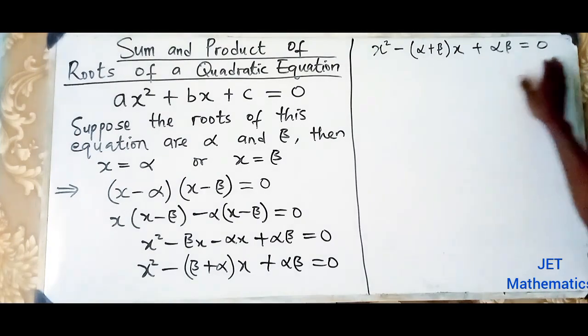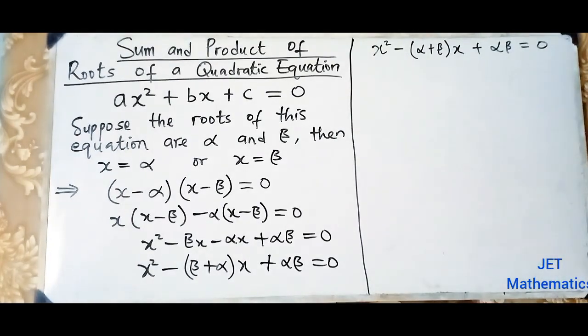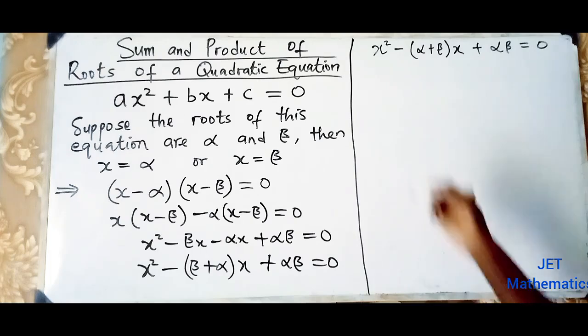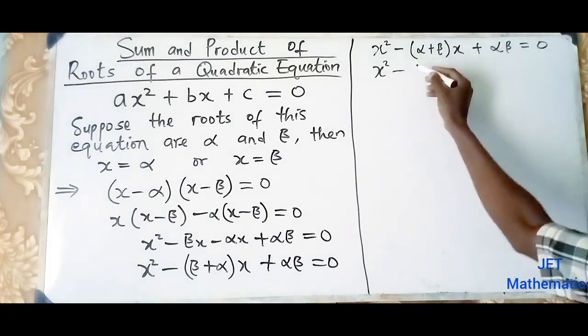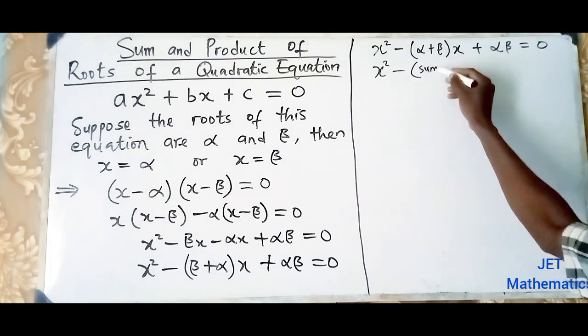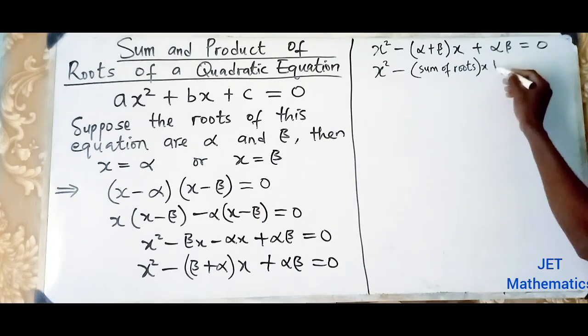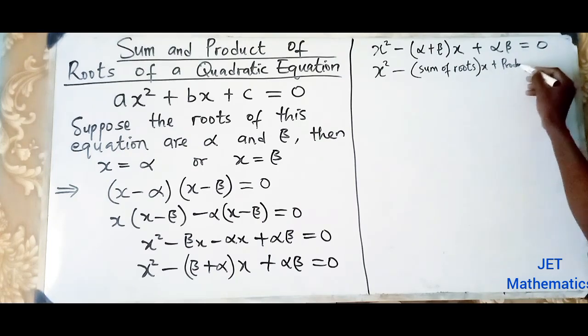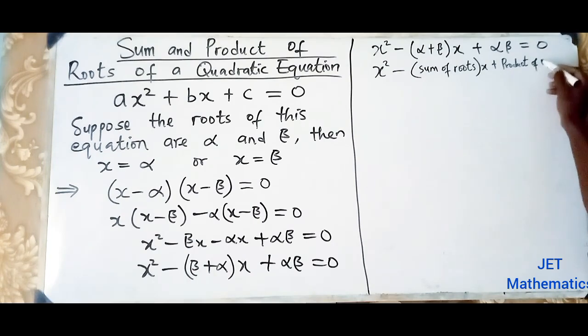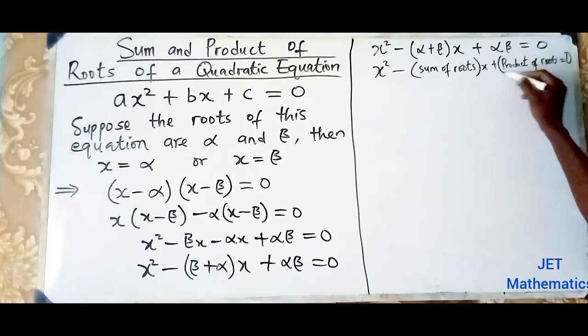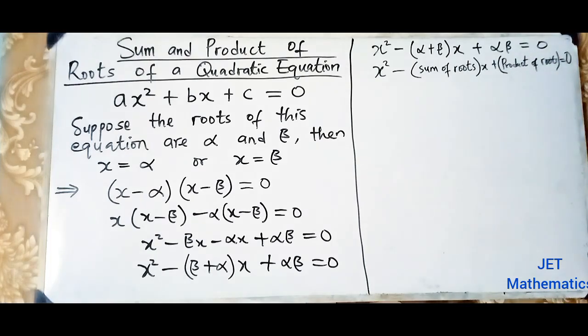We can also establish this is x squared minus the sum of roots x plus the product of roots equals 0.